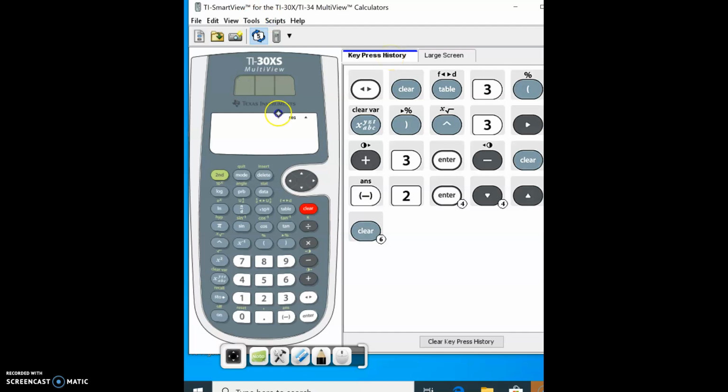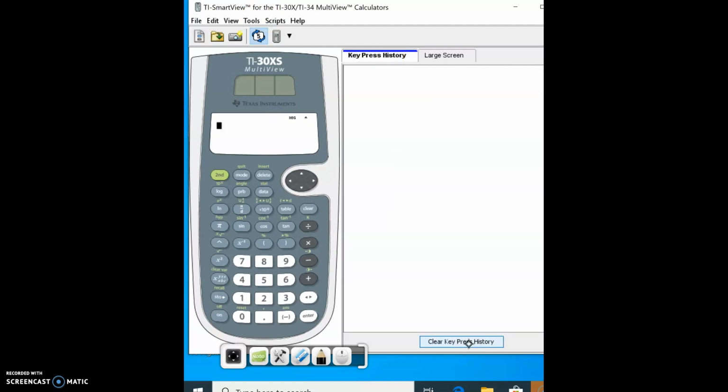Okay. All right. So what you can do is you can use our table function, okay, which is going to allow you to, now let me show you how I did this, okay? So let me just clear everything out. I'm going to put the equation in. So the equation is 3, and then I'm going to put parentheses.